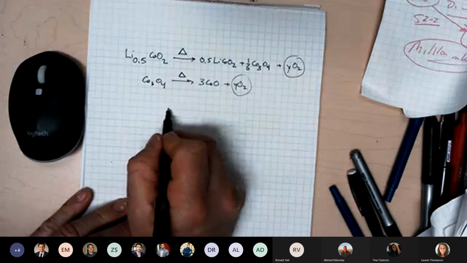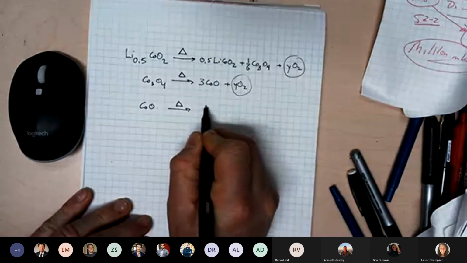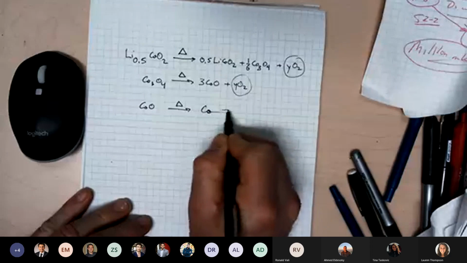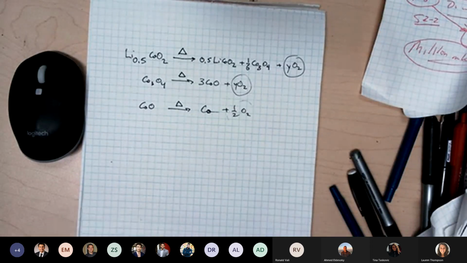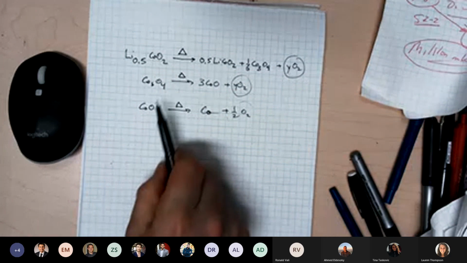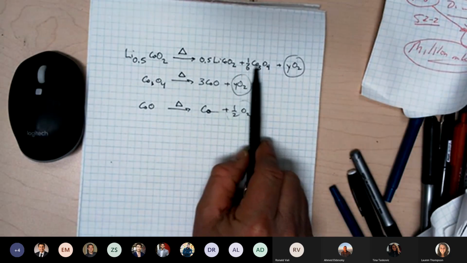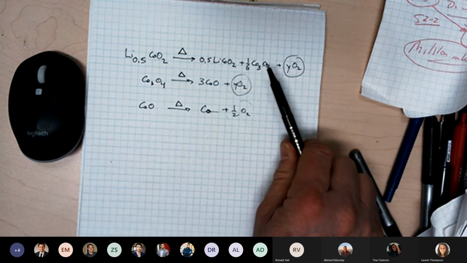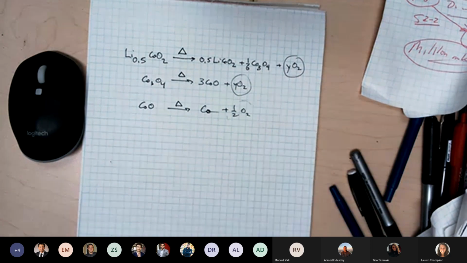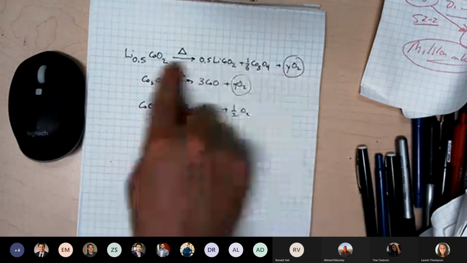And then the final step is, with heat, CoO goes to cobalt metal plus half an oxygen, and that combusts the electrolyte. So you get the full-blown reduction of the material that's not lithium cobalt oxide all the way down to the metal. 1, 2, 3 steps. Pretty crazy. So we're just modeling the first step.